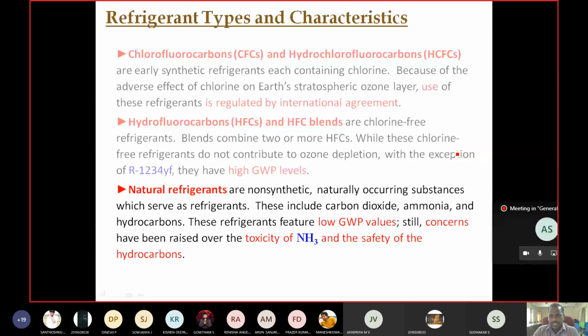Still, concerns have been raised over the toxicity of ammonia and the safety of the hydrocarbons. So we can use these natural refrigerants, but there are some disadvantages, like the toxicity of ammonia and the safety of hydrocarbons. So these are some advantages and disadvantages of the types of refrigerants.